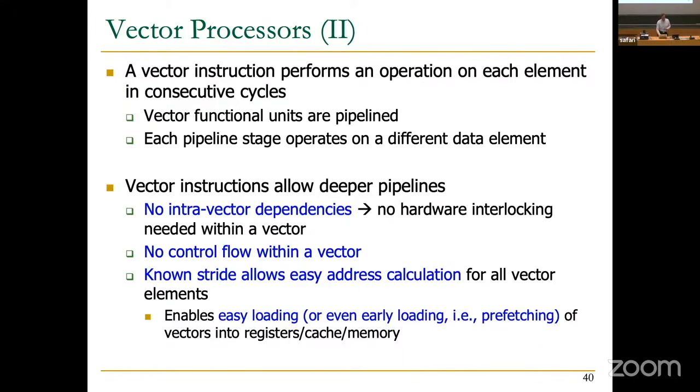All of these things are good for designing a high performance processor. Heavily pipelined, no dependencies to check, no control flow. What else would you ask for? You should ask for large vector lengths. If your vector lengths are smaller, then these unfortunately do not work very well. You cannot pipeline very deep, clearly. Well, you can pipeline, but you don't benefit from it.